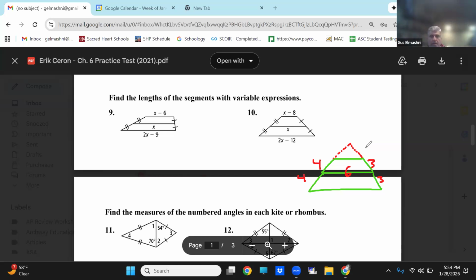If I just focus on this right here, this is also gonna be 4. That's also gonna be 3. And this side is half of this side. And this side is half of this side, because 3 is half of 6, 4 is half of 8. So therefore, this has to be 3 to maintain the same ratio.